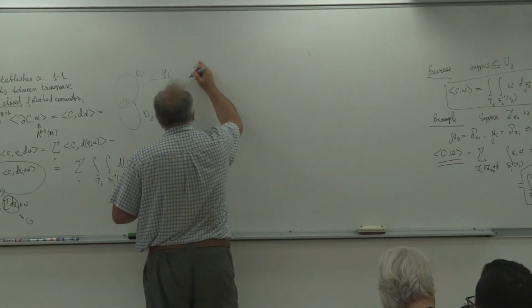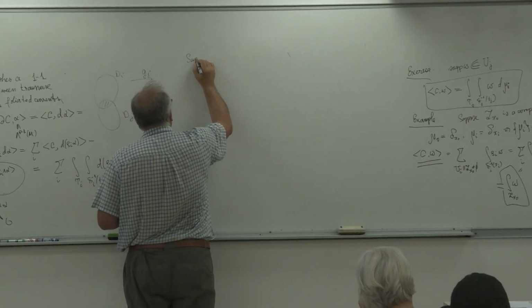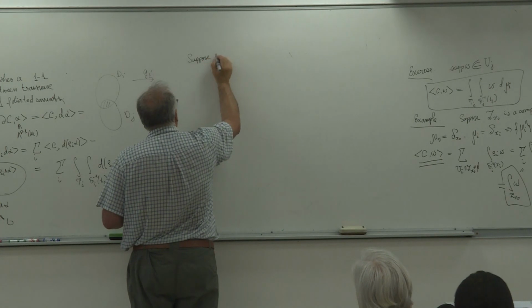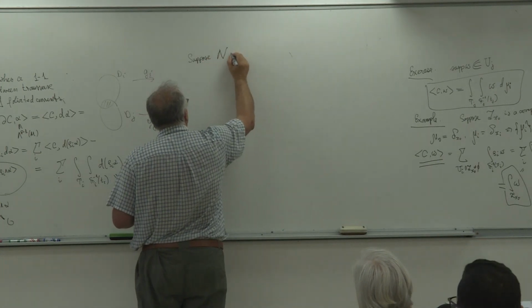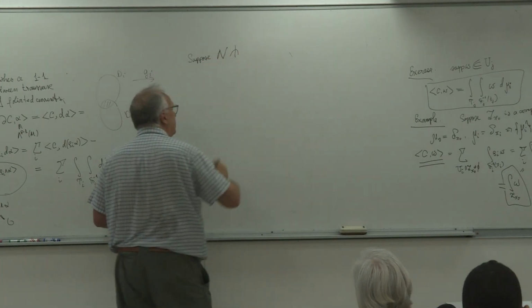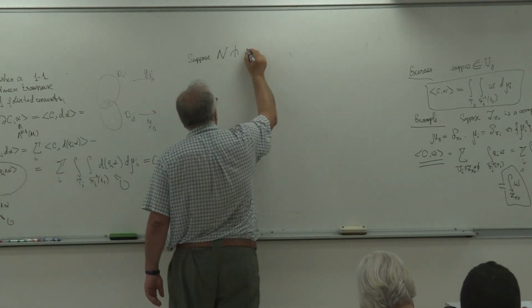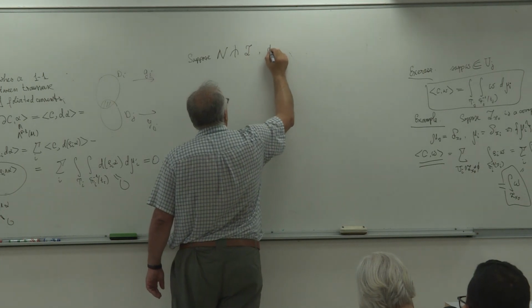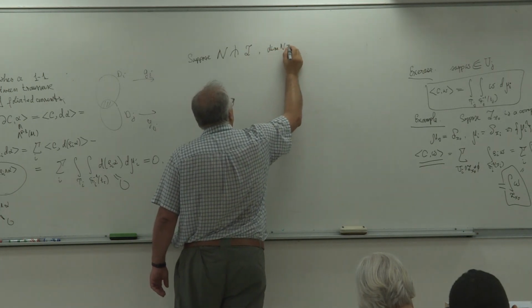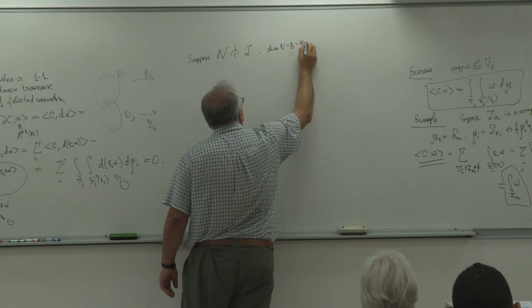Suppose N is a submanifold which is transverse to our foliation, so the dimension of N is Q, which is n minus p.